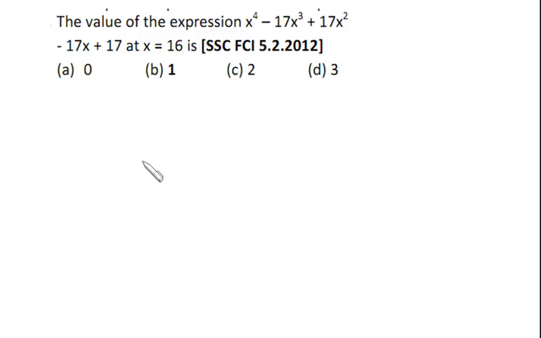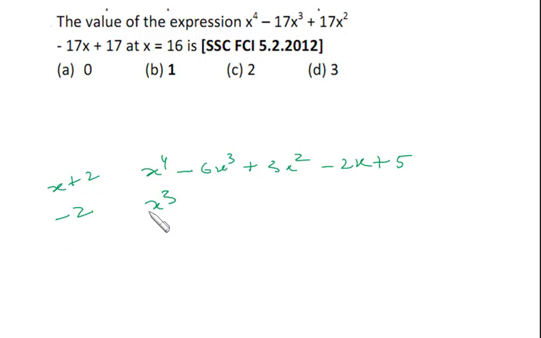Similarly, suppose you have any other, maybe x raised to 4 minus 6x cube plus 3x square minus 2x plus 5 when divided by, say, x plus 2, what is the remainder, right? Or the other question, if you put x is equal to minus 2, then what will be the value of the expression? So just put the negative 2 over here, right? Now x4, x, you need x cube.